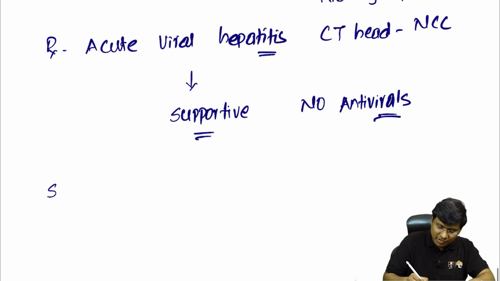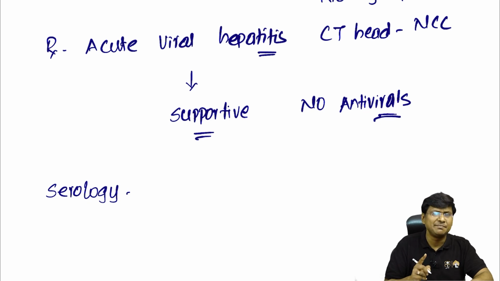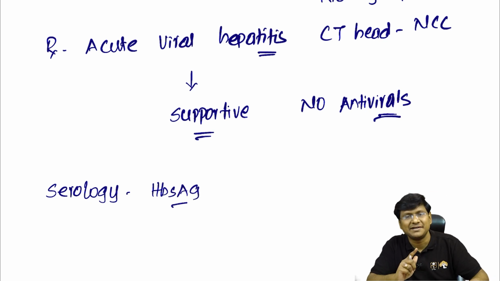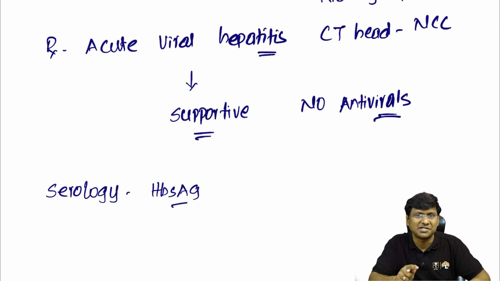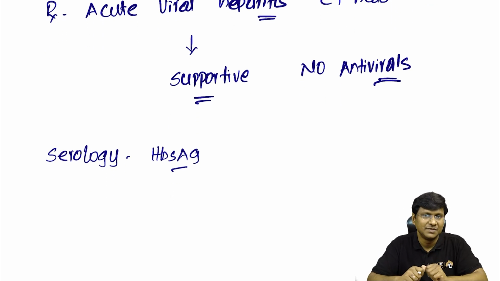And the next important part of the discussion will be the serology. Okay, now what is the first important serological marker that will appear? That is the HBsAg. But you need to understand that if the HBsAg is positive, can you tell that it is only acute viral hepatitis? No, right?